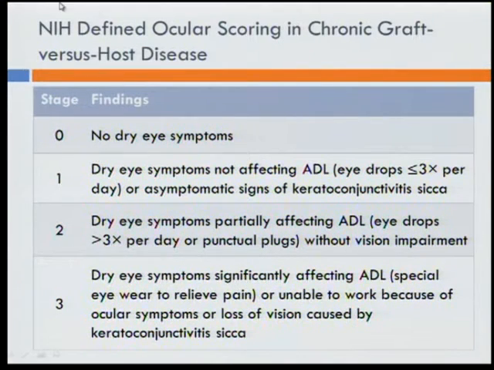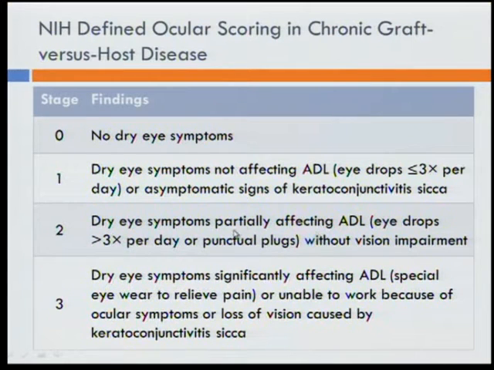As Dr. Murata talked about, the National Institutes of Health has defined scoring systems in chronic graft versus host disease. Stage 1, dry eye symptoms really not affecting daily life or quality of life, would be eye drops less than 3 times per day, or asymptomatic signs of early dry eye.